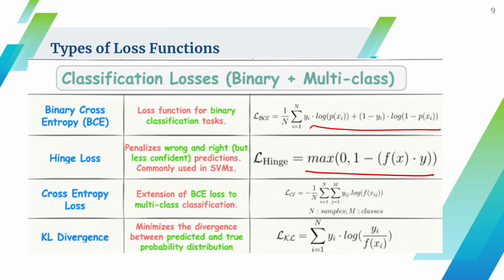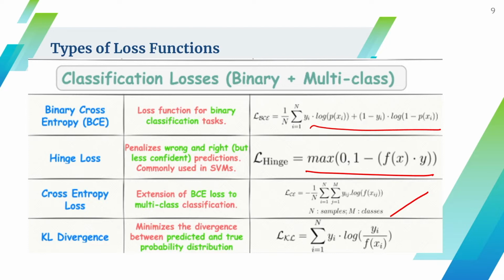This is very commonly used in support vector machines. And there is one more, called the cross entropy loss method, which is applied to multi-class problems, and the formula for calculating it is minus of 1 by n sigma of y into log f of x values, where n stands for the samples and m stands for the classes.